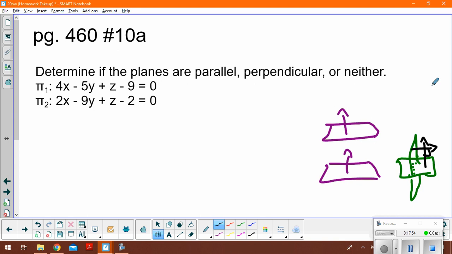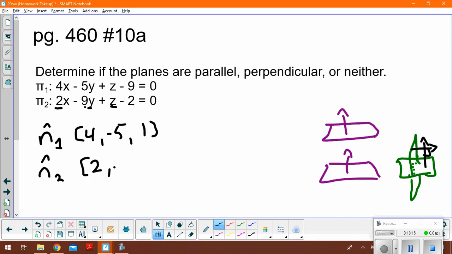The reason I'm highlighting the normal vectors is because I'm in scalar form, so I can see what my normal vectors are. Normal vector for plane 1 is 4, -5, and 1. And the normal vector to plane 2 is 2, -9, and 1.